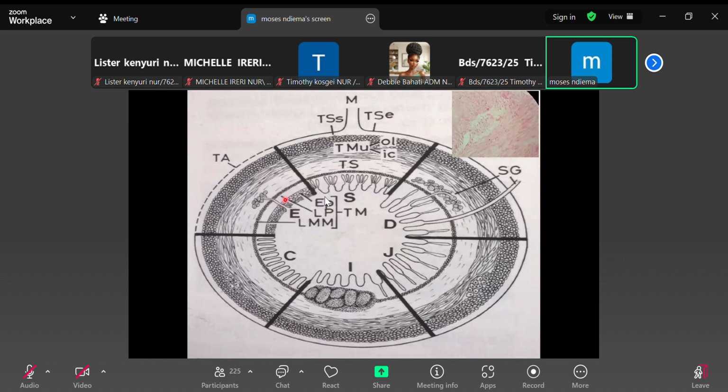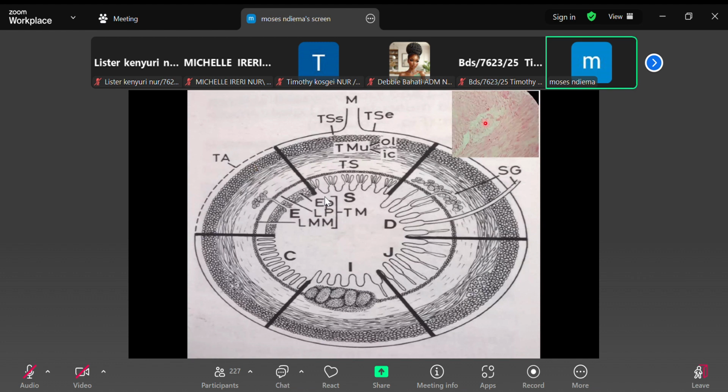Between the inner circular and the outer longitudinal layers, we normally have the enteric nervous system, referred to as the myenteric plexus. This consists of cell bodies and axons which are interconnected in the entire digestive tract, forming the enteric nervous system.